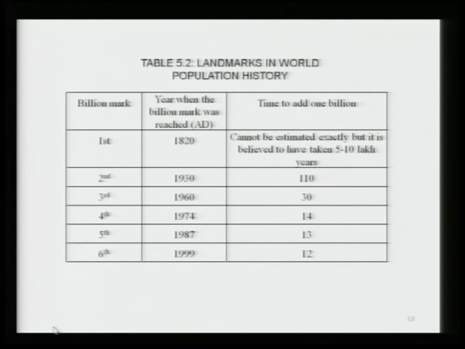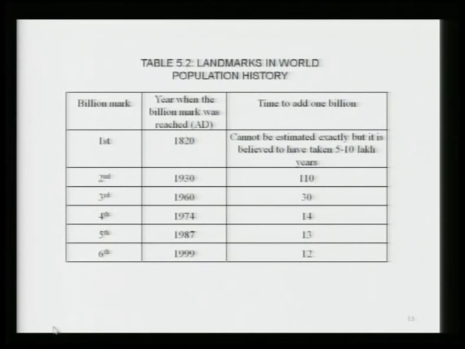The third billion was reached in 1960 in only 30 years time. In only 30 years between 1930 and 1960, the world population increased from second billion to third billion.